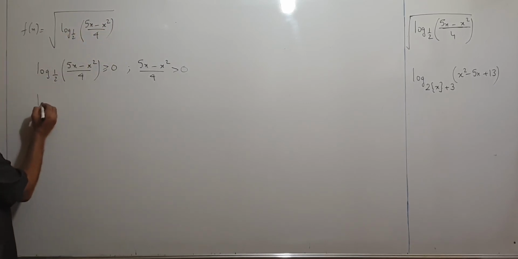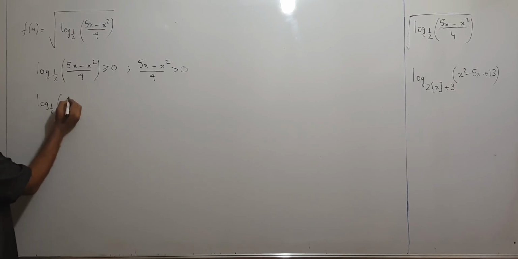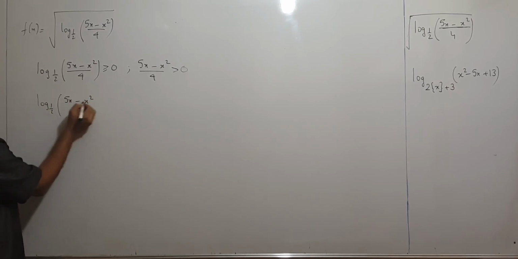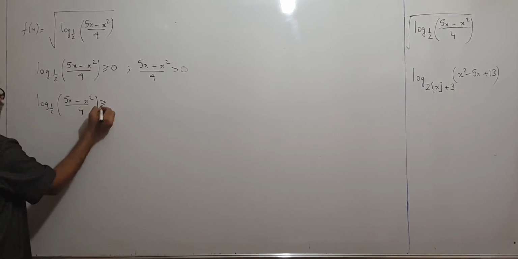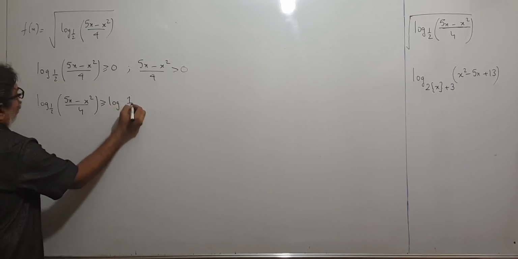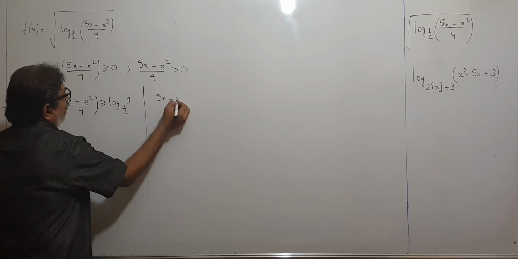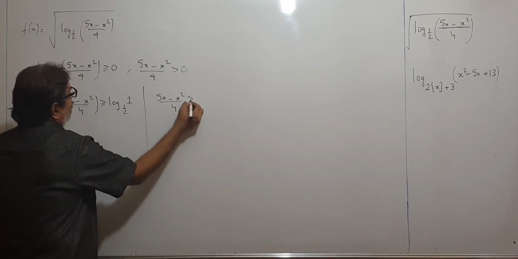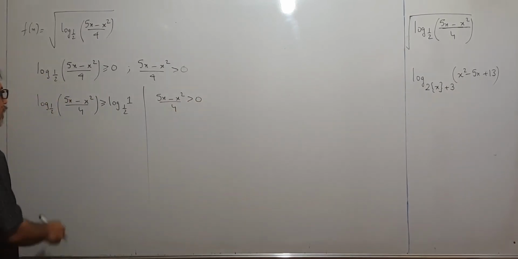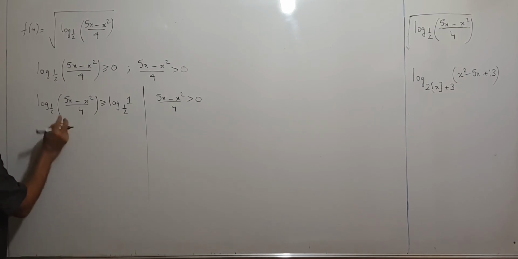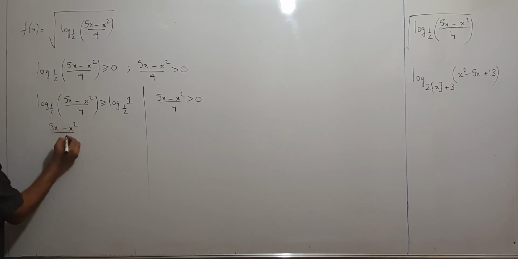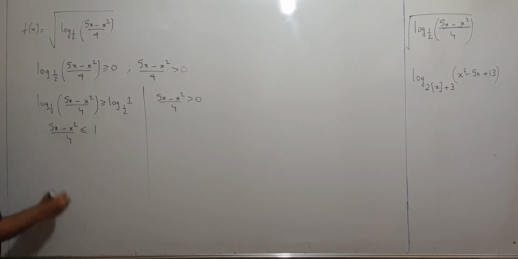So I write like this: log base half of (5x minus x square upon 4) greater than or equal to log 1 to the base half. And another thing over here, (5x minus x square upon 4) greater than 0. When I remove log base half, since it is a decreasing function, therefore 5x minus x square upon 4 is less than or equal to 1.